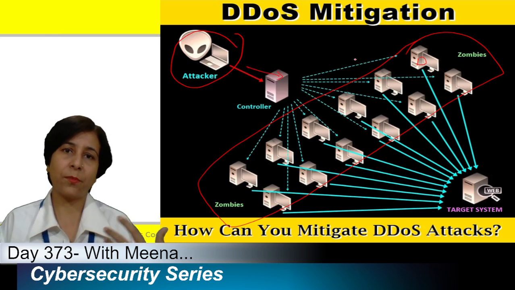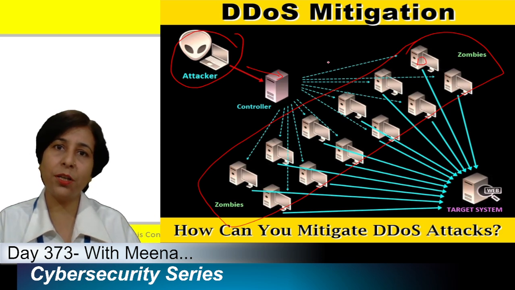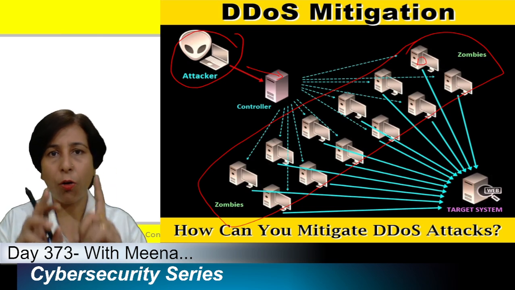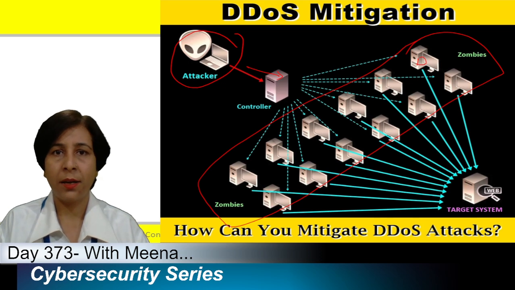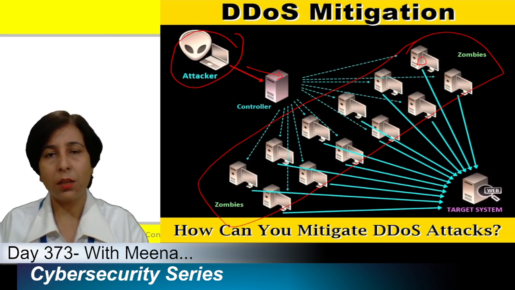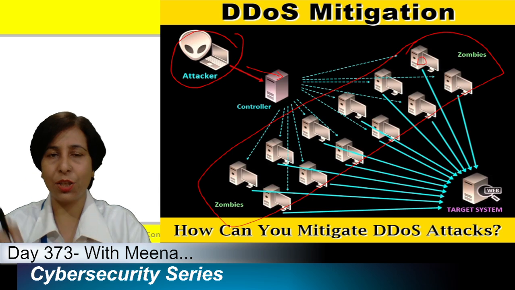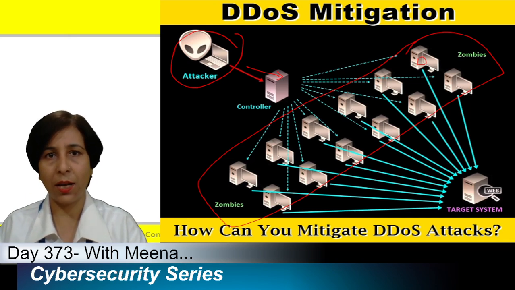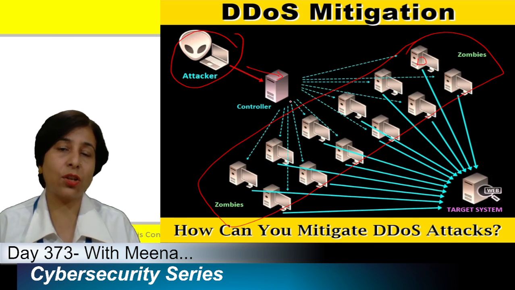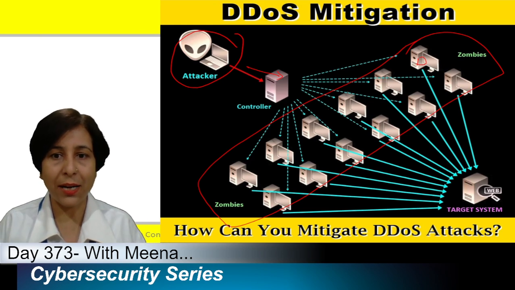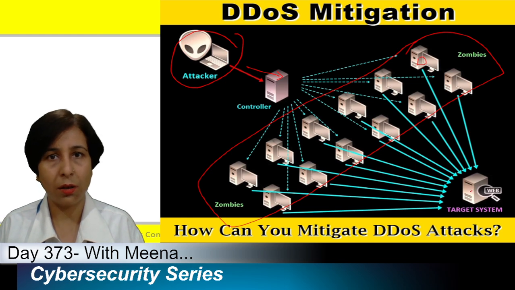In a DDoS attack, distributed denial of service, they are sending requests to a certain targeted system, whether that's your website, your web server, or certain web applications. The requests come from a big network and reach that server.